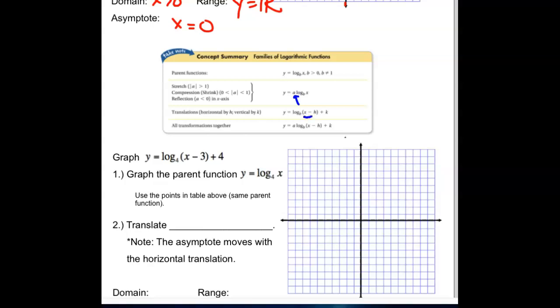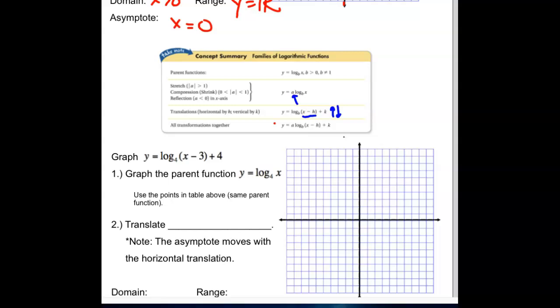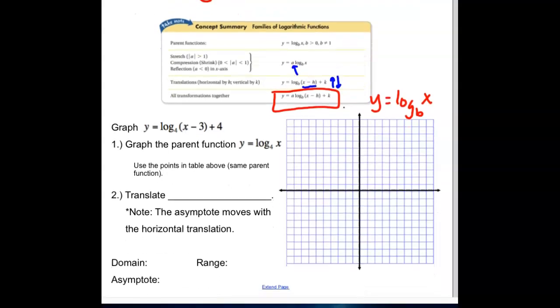Now we're talking about some kind of left or right shift, and then our k value here would be our up or down shift. So our whole equation looks like that. But when we do the parent function, our parent function is really just y equals log base b of x. All right, and then we'll do any kind of shifting, left, right, up, down, stretching after that.